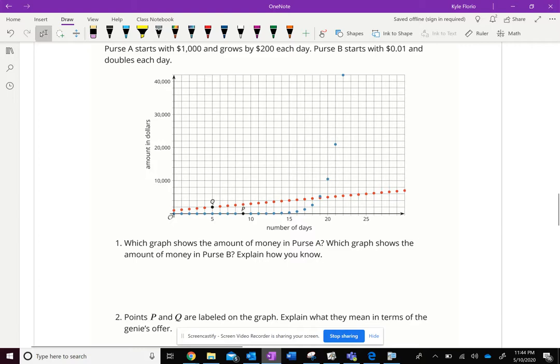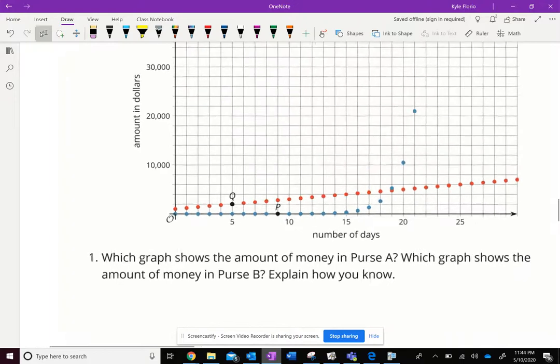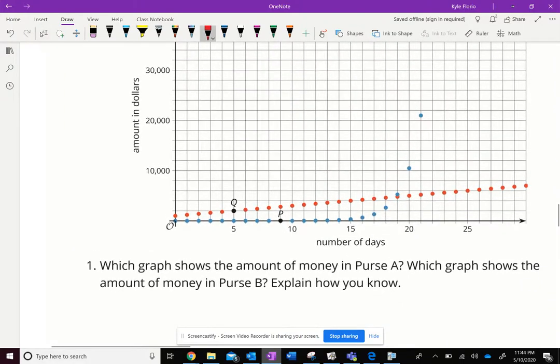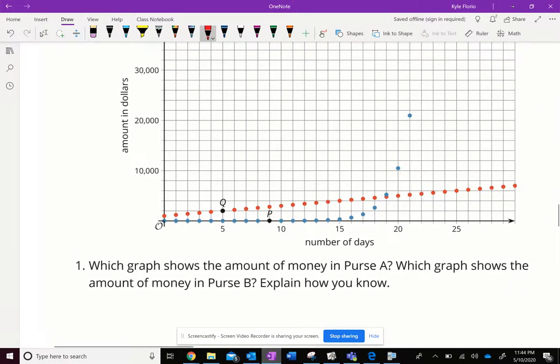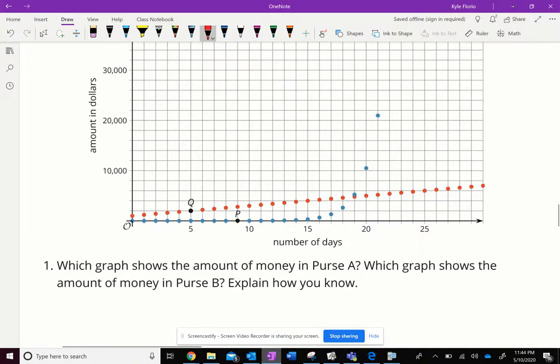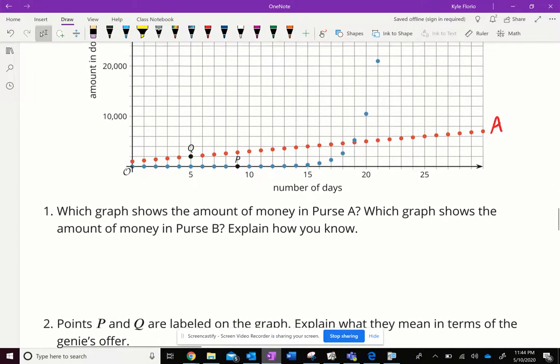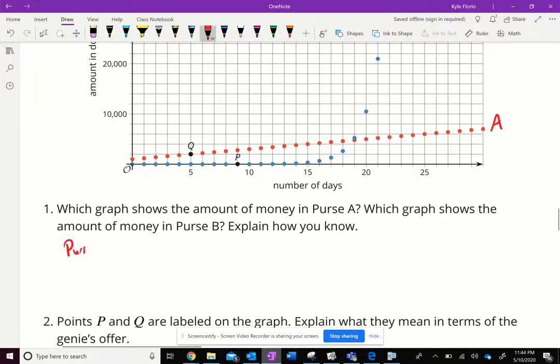Explain. So purse A was the one that started with a higher amount, but only went up by 200 each day. So I think that's got to be this red one. It started off being above the blue one, and then after a while, the other purse was better. So this has got to be purse A. And so purse B has got to be the other one.